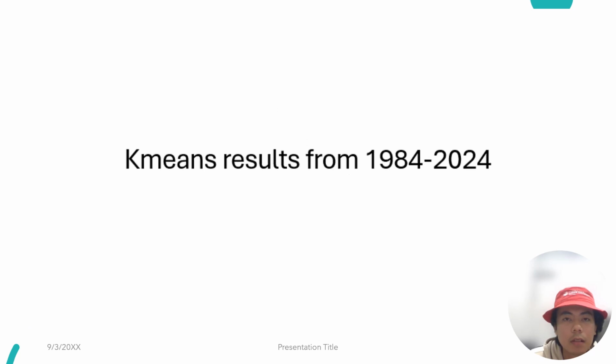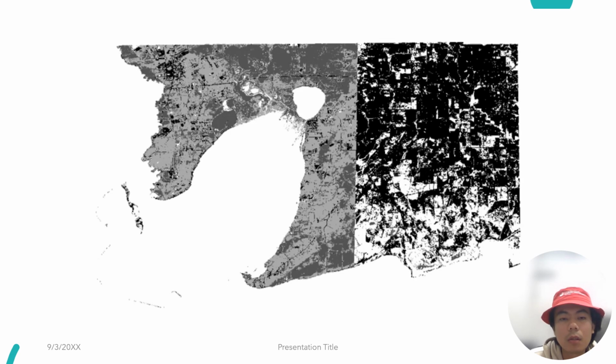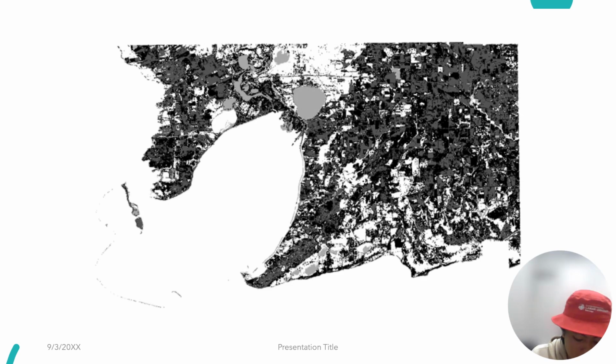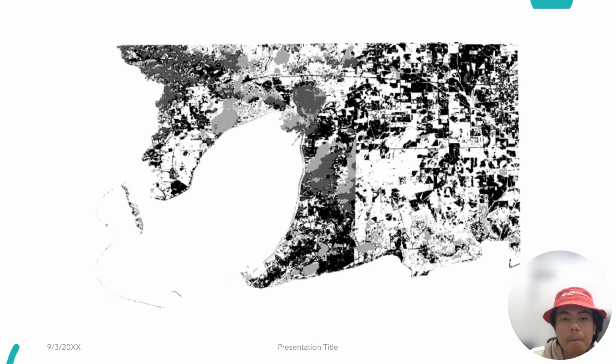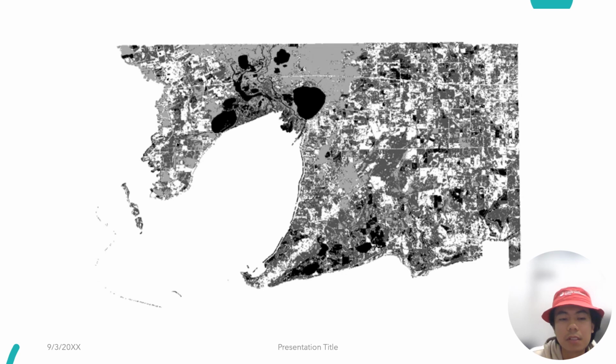This one is the K-means result from 1984 to 2024. We can see the result is more detailed because we used a resolution of 30 meters by 30 meters. And later on we will assign the colors and the legends to show you the land cover change over time.